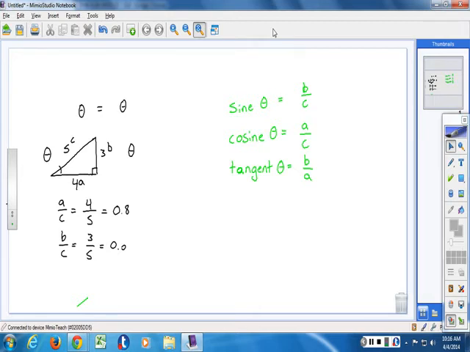So sine is B over C, and I'll give you that mnemonic. I originally learned it from a pre-calculus teacher. We were going through this whole thing, and he basically said, if you can remember this name, SOHCAHTOA, and every time I use this, I still think of this word, SOHCAHTOA.